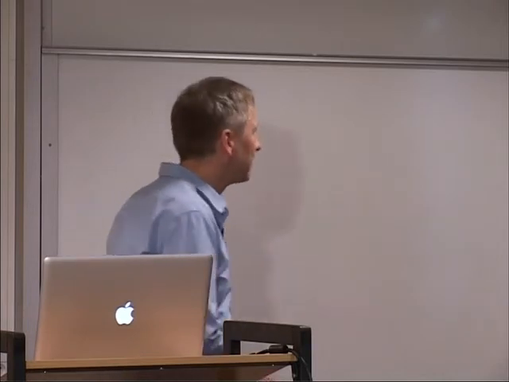Now, how do we fit models? How do we do model estimation? Given a set of training data, for example, in the form of: here is an instance, and this is the correct output for the instance.